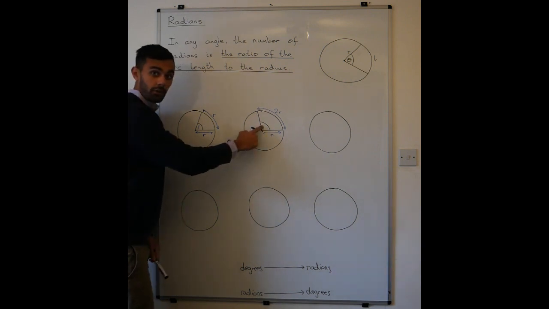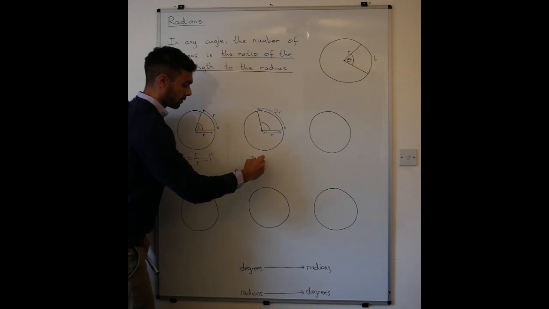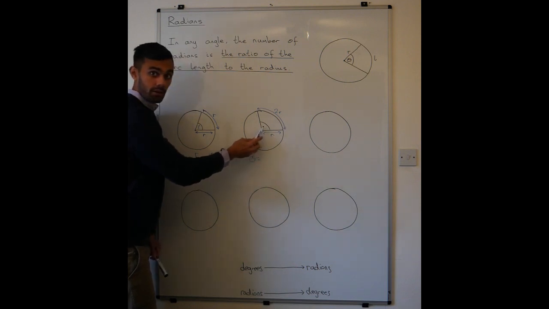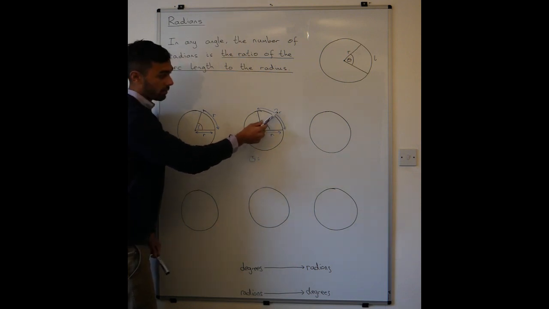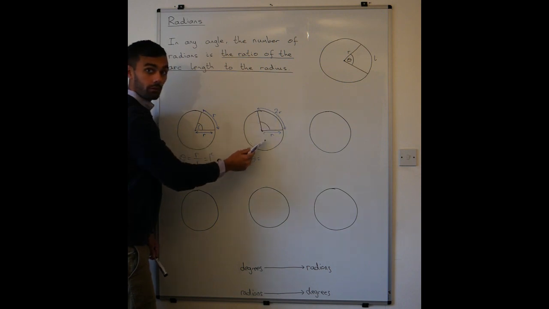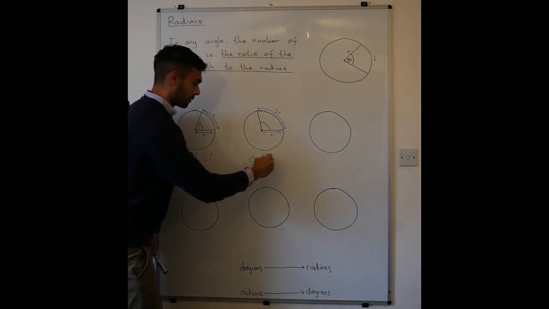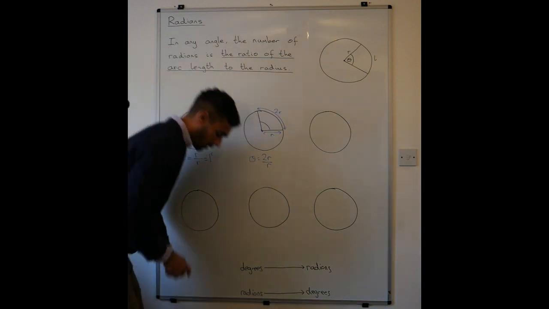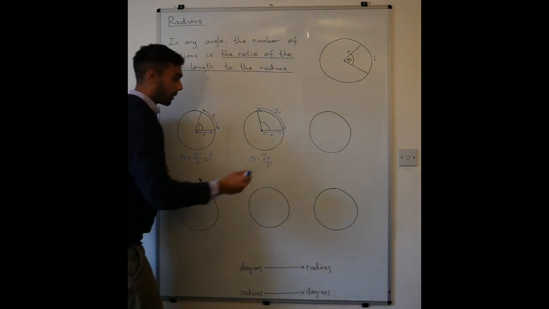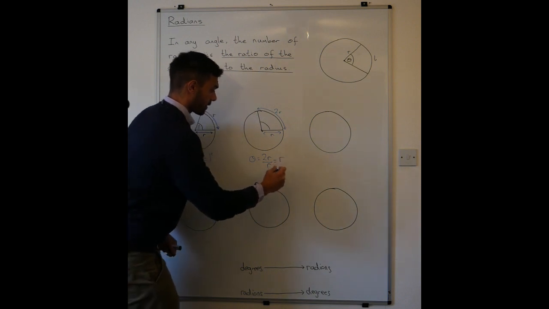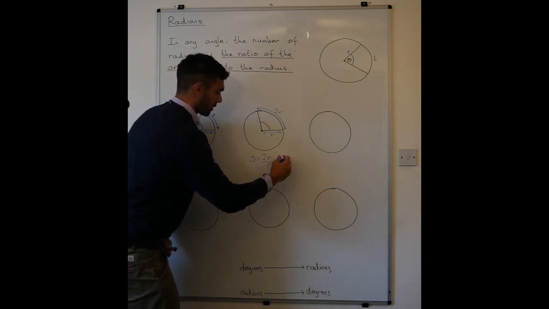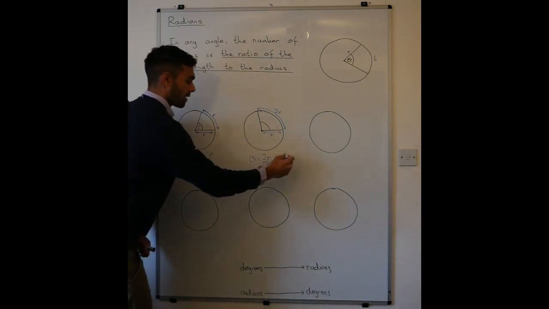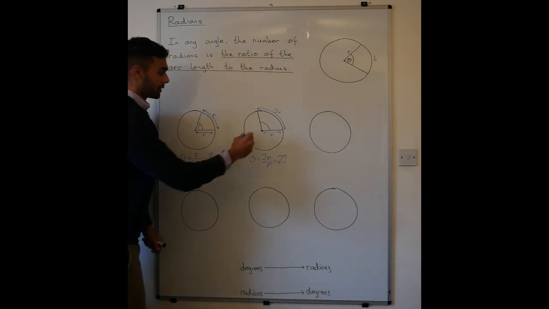We want to work out the size of the angle. In radians, it's the ratio of the arc length to the radius. 2r over r. There you go. The angle size is 2 radians.